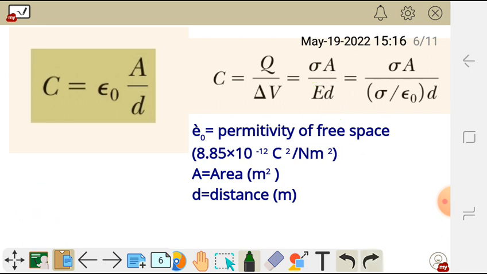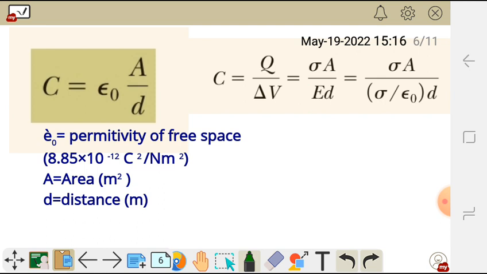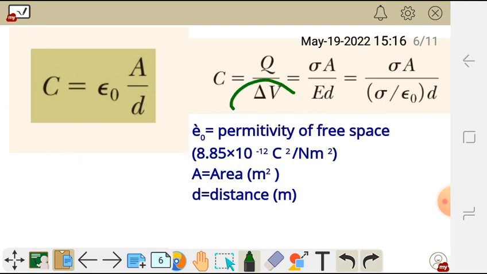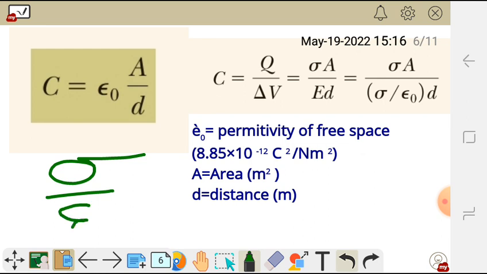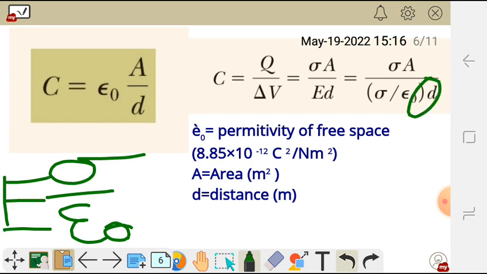We discussed this in my previous video, where we said voltage is equal to E times d, and the electric field E is equal to charge density over epsilon, the permittivity of free space, multiplied by the distance d.